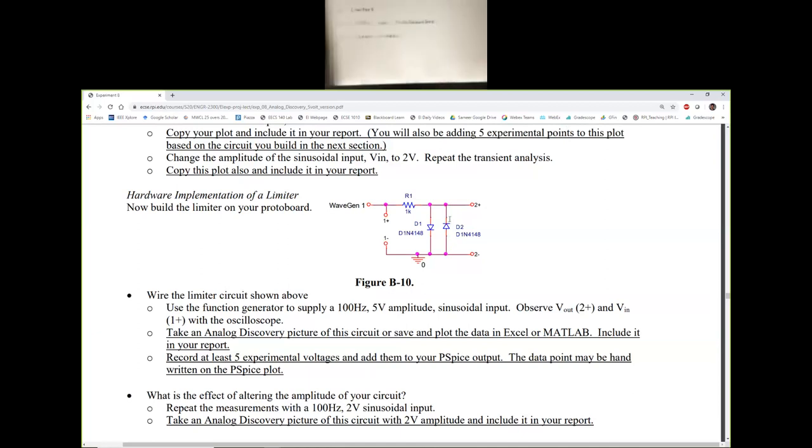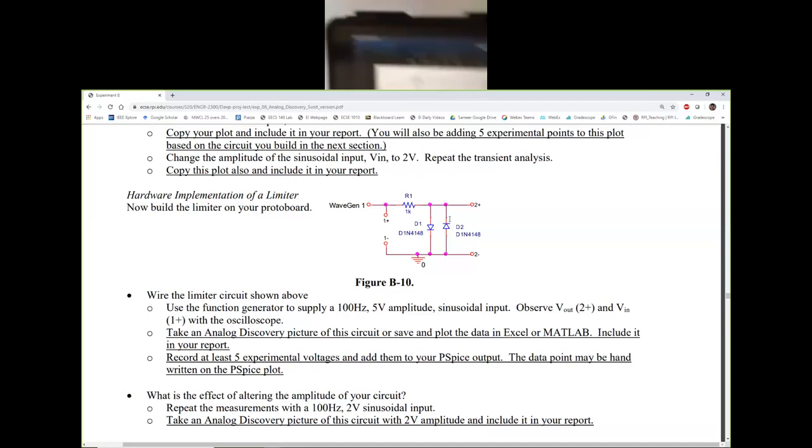This is exactly similar to what we talked about in the previous lecture. I don't know if you remember, at the end of the last lecture we talked about that example, where our limiting was different on different sides. So that's the general concept. Now we will look at the circuit and work through the experiment.